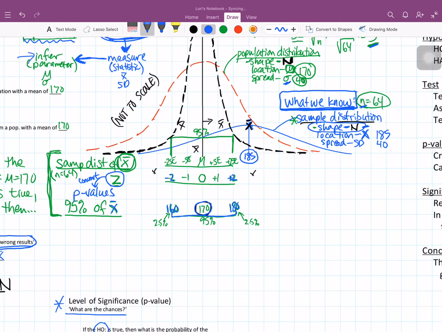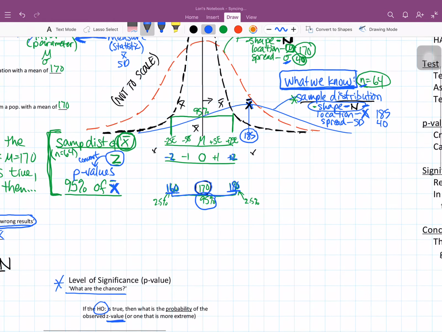So a number of 160 will not always have the same z-value, and also with the number 180. So let's think about the probability for this particular question. We know that 95% of the time the sample mean will fall between 160 and 180 if our null hypothesis is true.